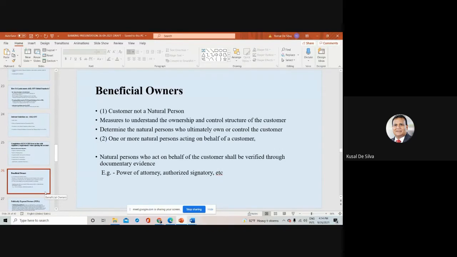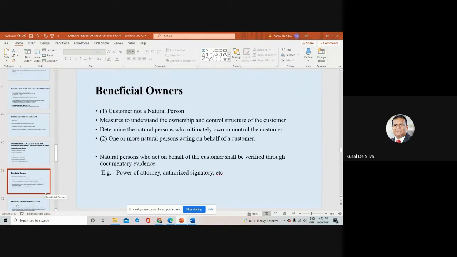You need not go into detail, but at least you should know what AML is, what CFT is, what a suspicious transaction is, who beneficial owners are, and what know your customer is.